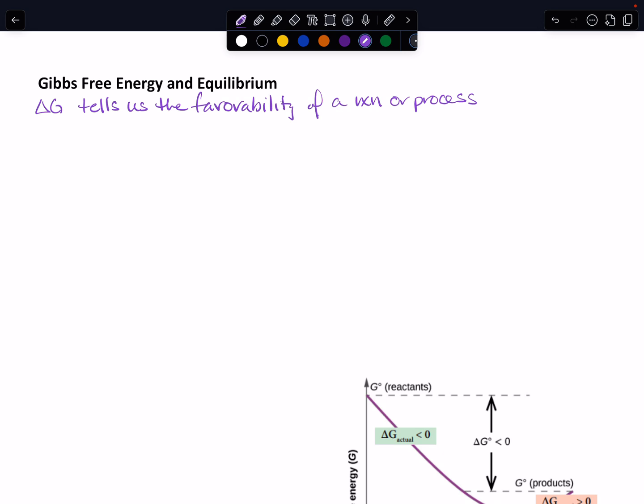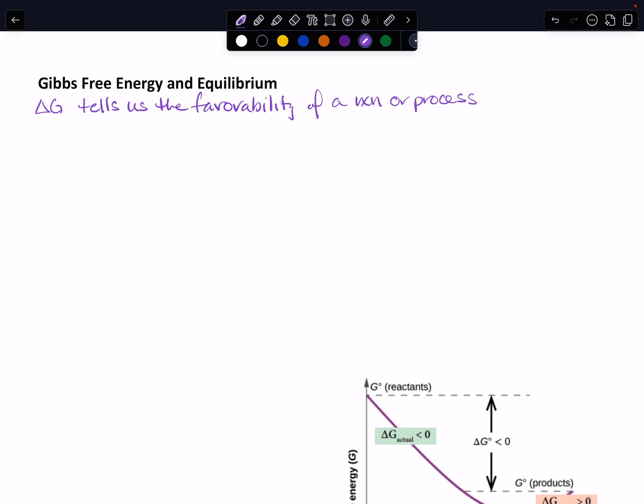If it is a negative value, that means that free energy is released, so there was excess free energy. Whereas if delta G is positive, then the universe had to supply that energy. So processes that put energy out into the universe are going to be favorable, whereas processes that require energy from the universe are going to be unfavorable. As a reminder for that and how to calculate delta G, please go back and look at that screencast that dealt with delta G and entropy.